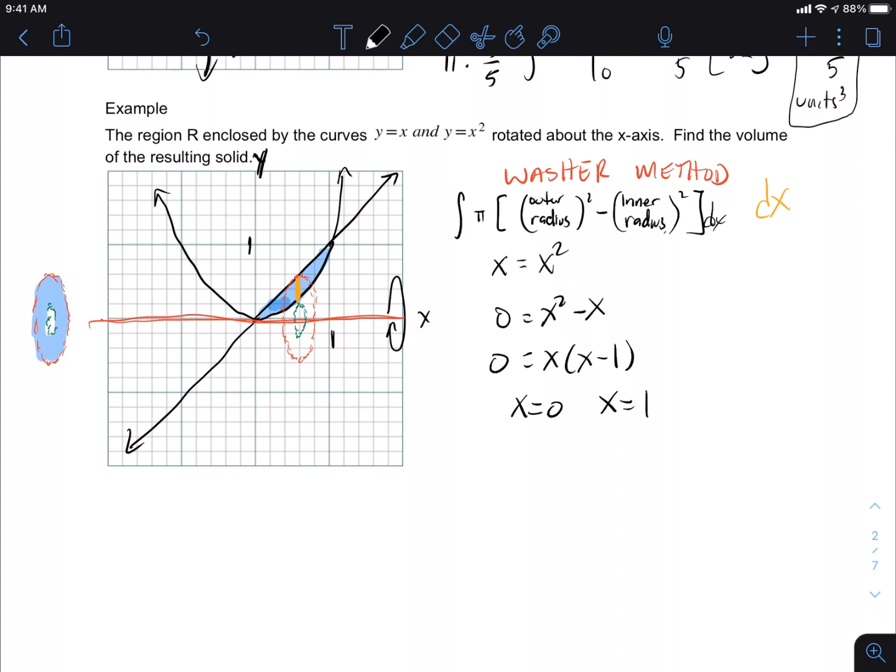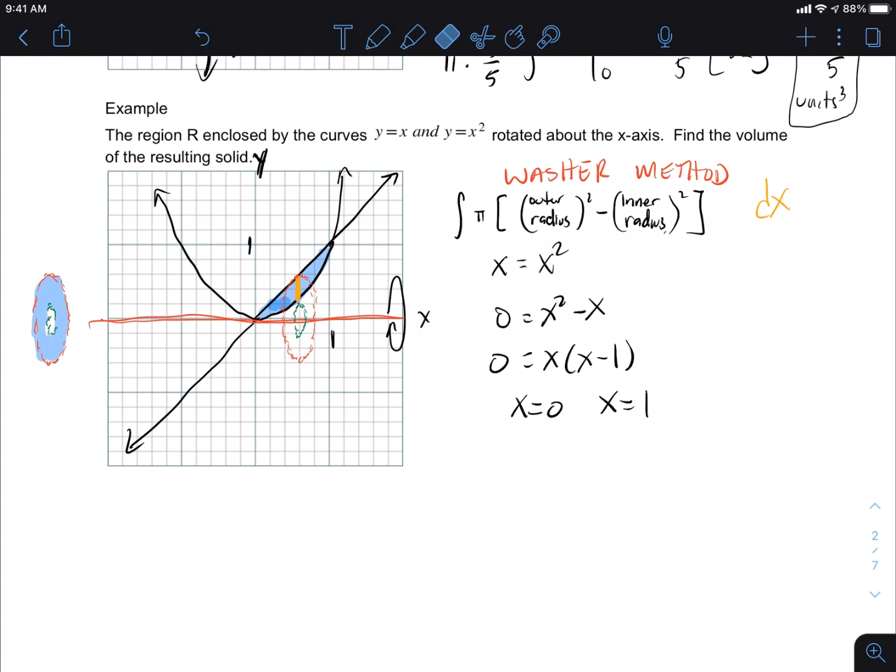Or actually, it should be d whatever that variable is. And what that's telling me is, it's the outer circle minus the inner circle. That's what the formula is telling us. Outer circle minus inner circle.